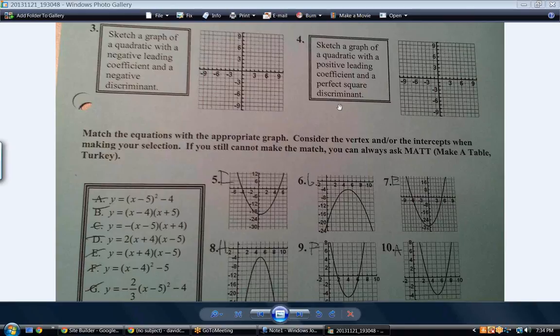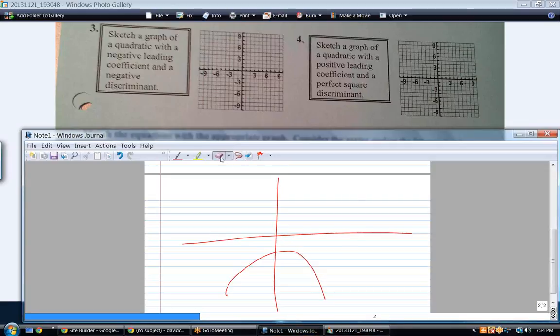Sketch a graph of a quadratic with a positive leading coefficient and a perfect square discriminant. It'll open up, and the numbers will be real, so it will have an intercept or intercepts. Not quite. What do they mean by a perfect square discriminant?